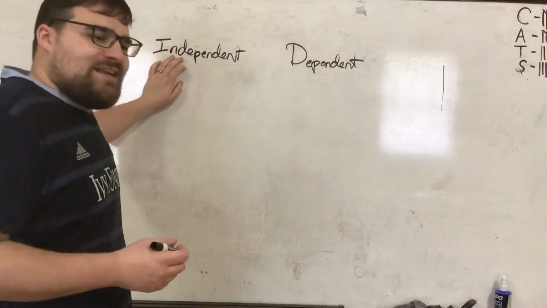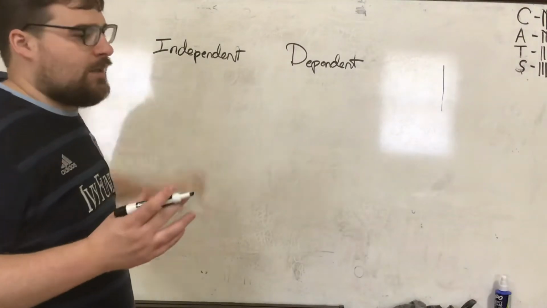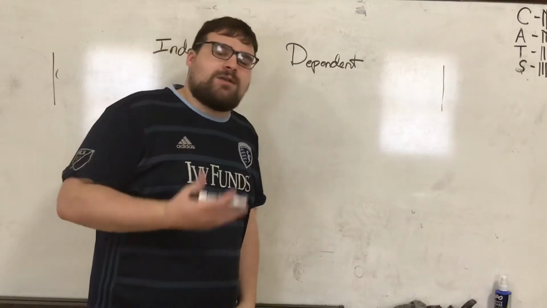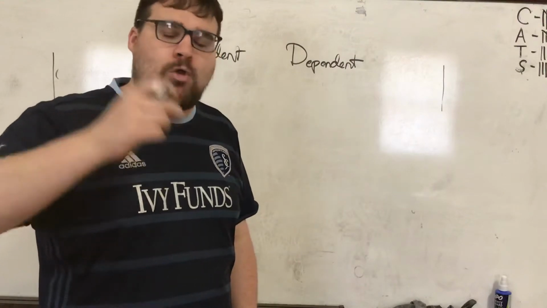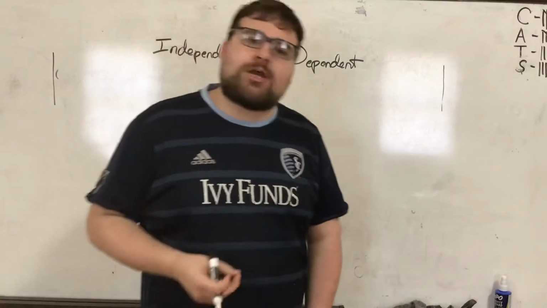So when we talk about independent versus dependent, it really hinges upon the situation we're in. Does the situation of multiple different things happening, do they have any impact on each other?